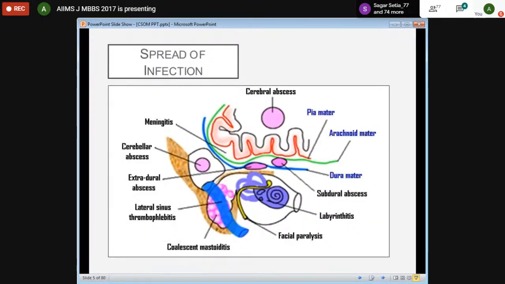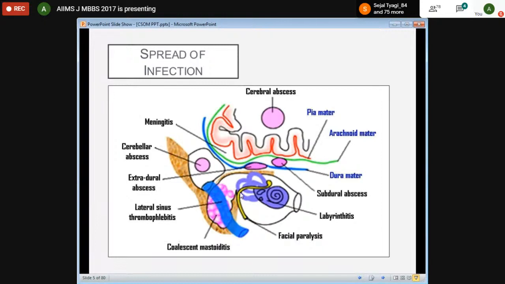You can see this figure. This is the mastoid region. This is the cochlea. These are the semicircular canals. This is the facial nerve, which is found in the fallopian canal. If infection goes to the mastoid region, it leads to mastoiditis. If the sigmoid sinus is involved, it may lead to lateral sigmoid sinus thrombophlebitis.